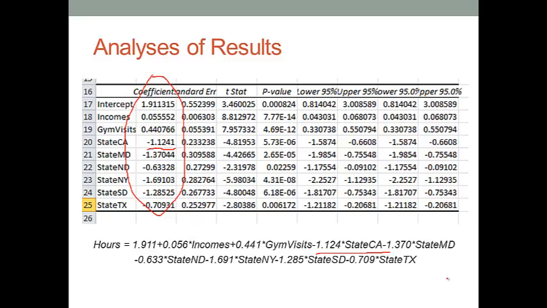The coefficients will be different, but the analysis results and the conclusion will be the same. If you change the category, the coefficient will be different, but your conclusion will be the same.